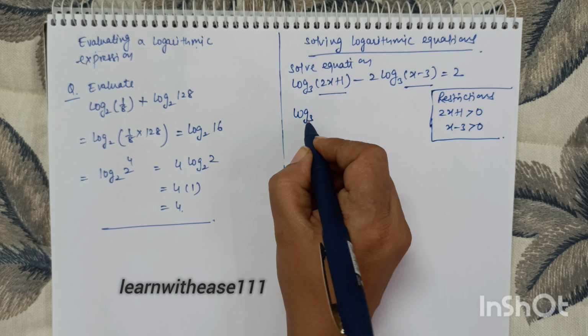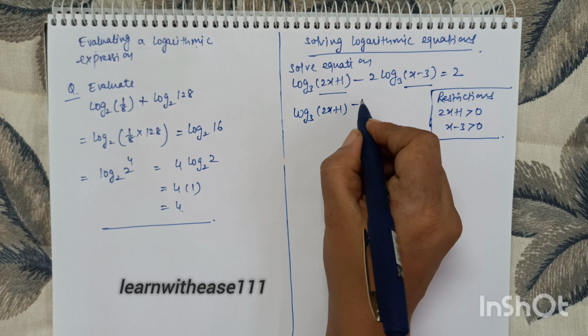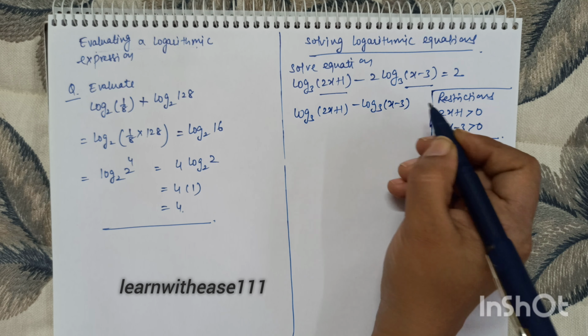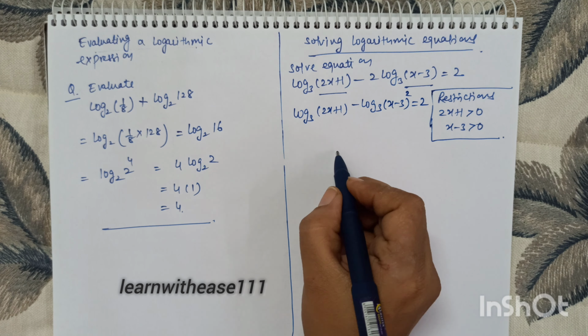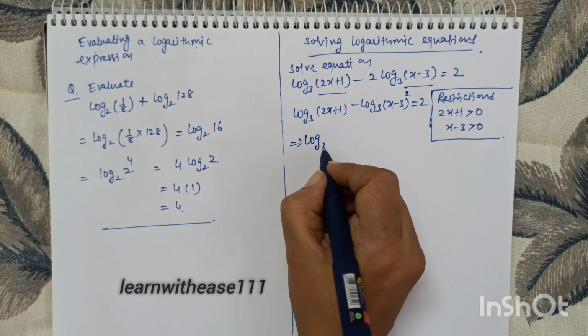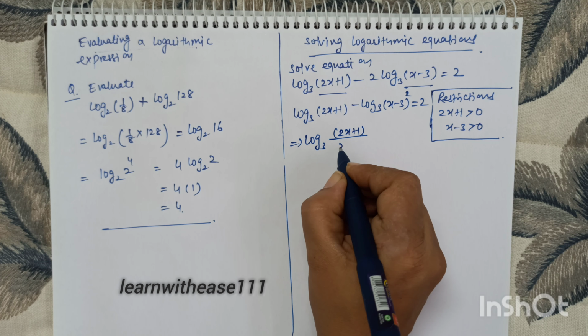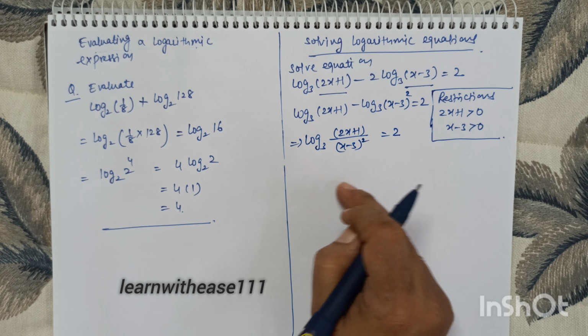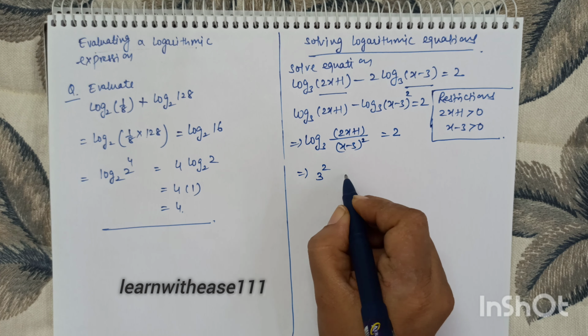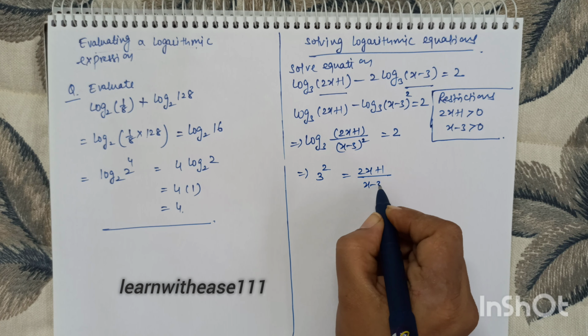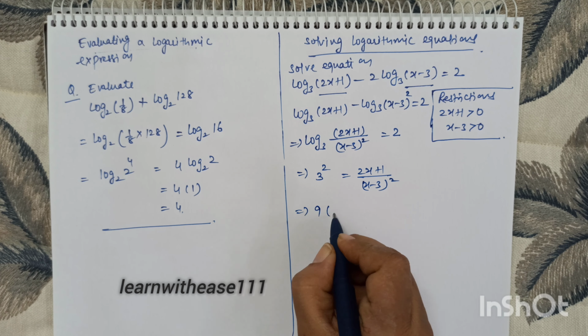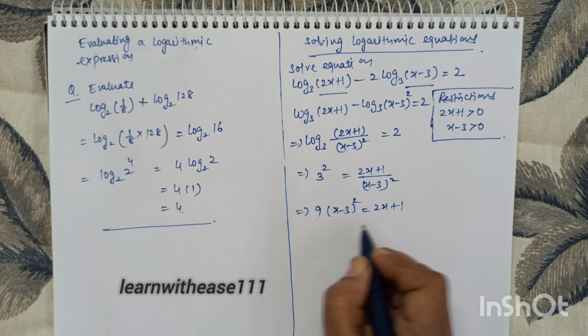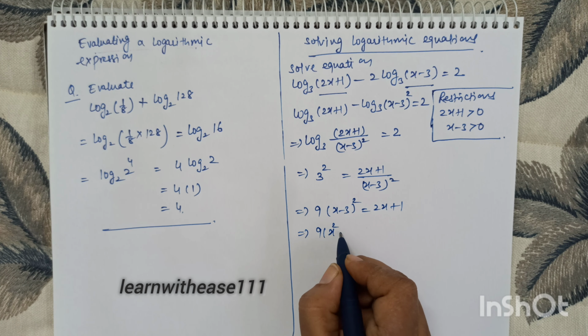So whatever answer we receive must satisfy these restrictions. On the left hand side we have applied the power rule on the second term, and then we have applied the quotient rule. Solving by definition, log will convert into exponential, and then solving via a normal quadratic equation, factorization.